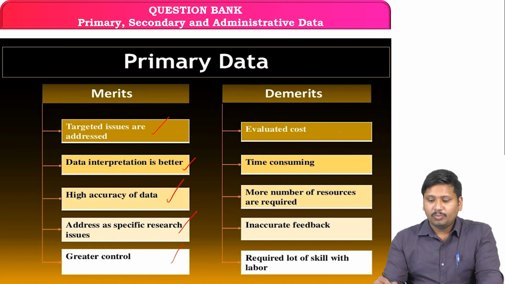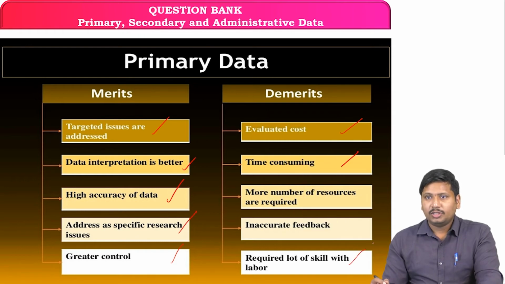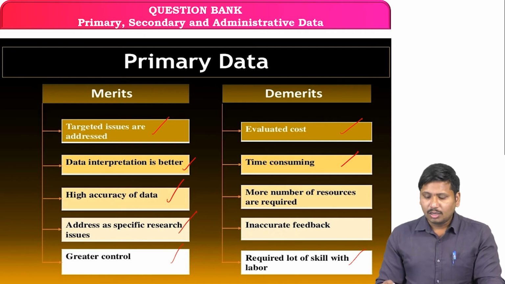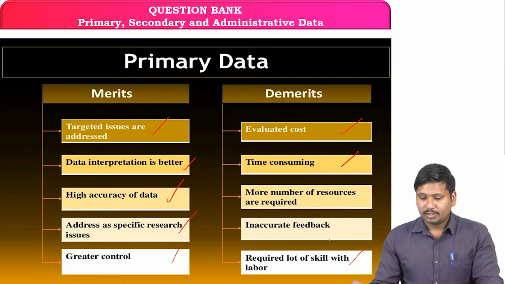The demerits are high cost, time consuming, more resources required, inaccurate feedback, and a lot of skill and labor required. These are some of the disadvantages we identify from primary data.